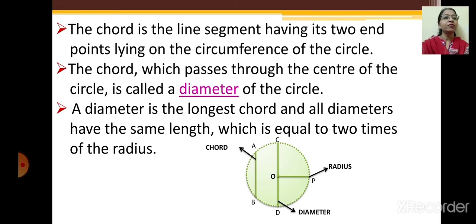The chord which passes through the center of the circle is called a diameter of the circle, right? And diameter is the longest chord, and all the diameters have the same length, which is equal to 2 times the radius.